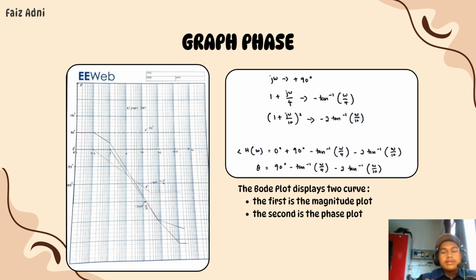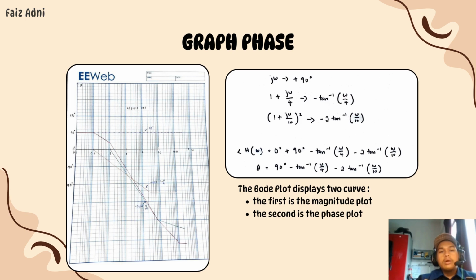For the second part, 1 plus j omega over 4 gives a phase of negative tan inverse of omega over 4. The third part is 1 plus j omega over 10, to the power of 2. So it gives negative 2 times tan inverse of omega over 10.